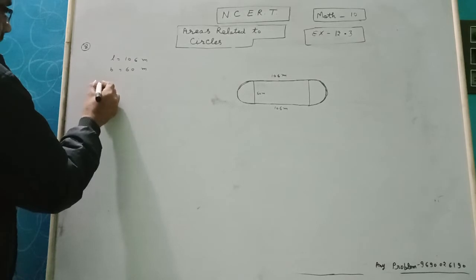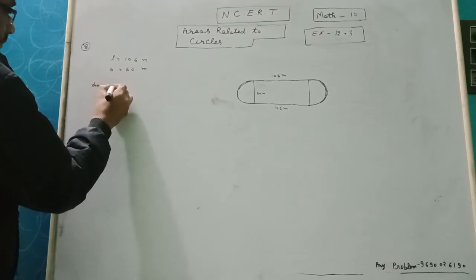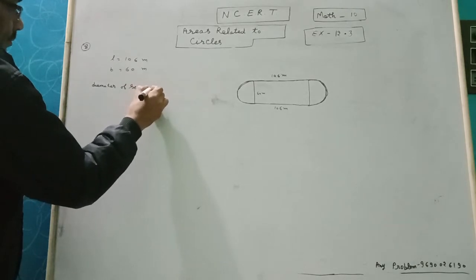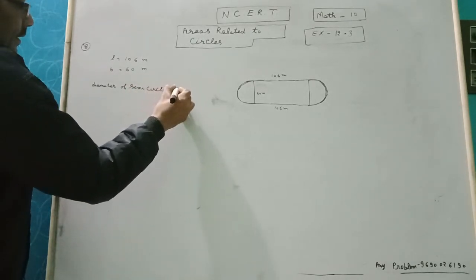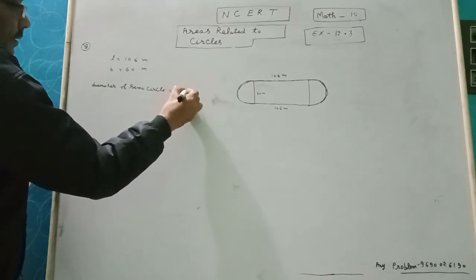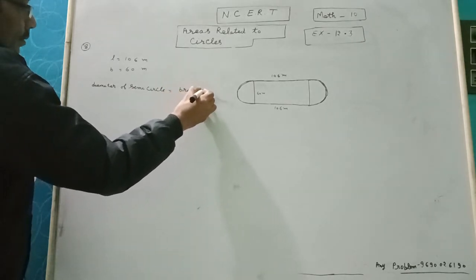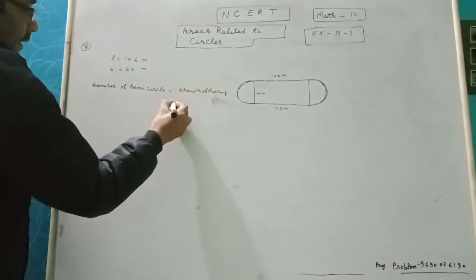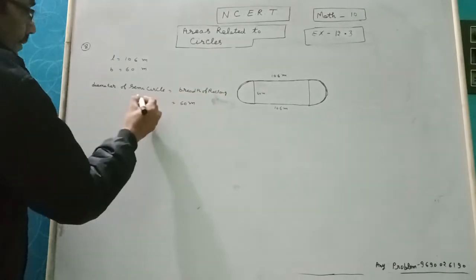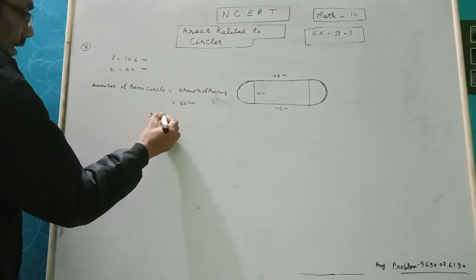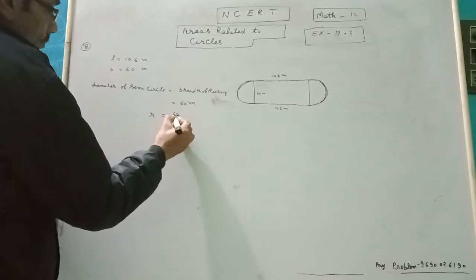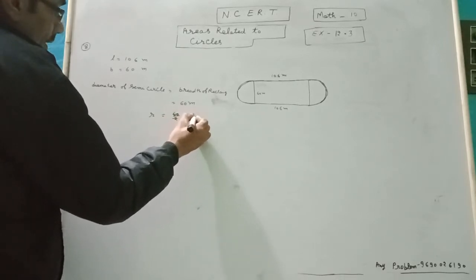The diameter of the semicircle will be the breadth of the rectangle part, which is equal to 60 meter, so the radius will be 60 divided by 2, which is 30.